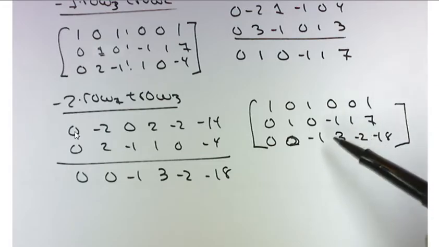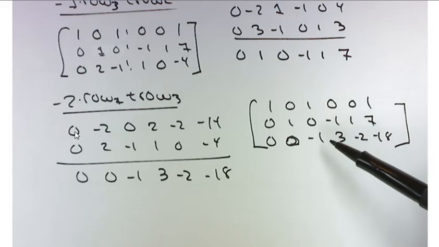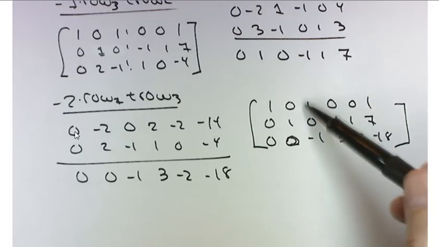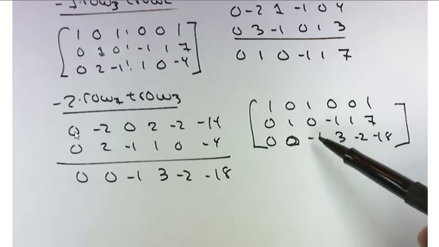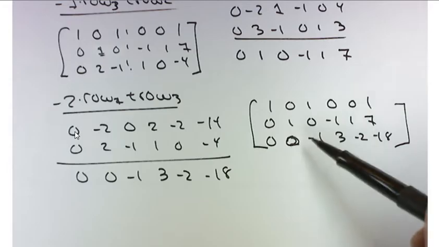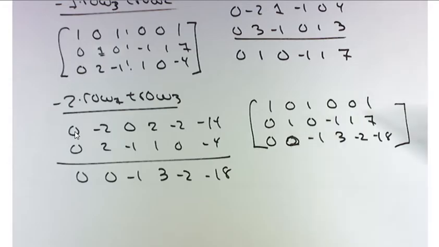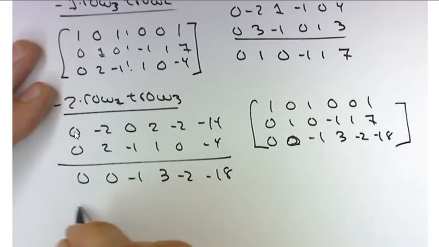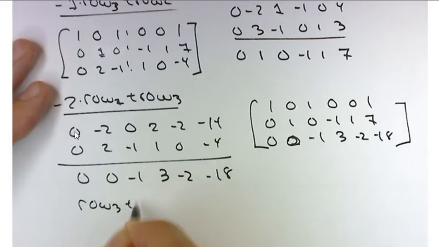Almost done. 2 more steps. In fact, when you do them at the same time, I want to get rid of the 1 here. And what's nice is that if I just add row 3 to row 1, I can do that. So row 3 plus row 1.